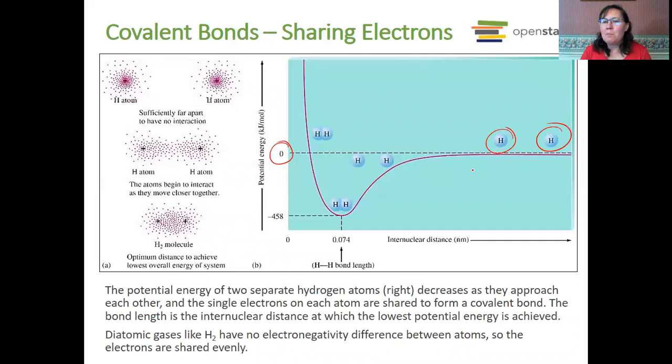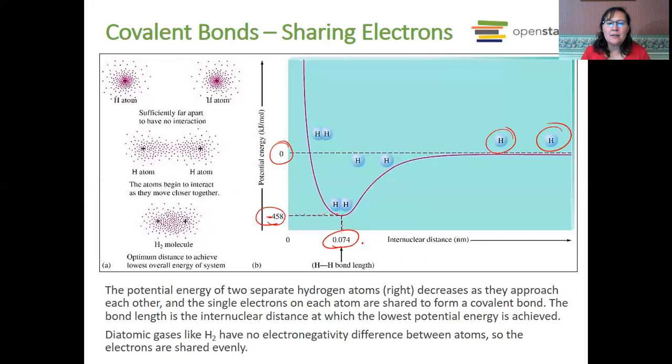Now, a molecule or a bond is likely to form at our lowest possible energy level. So you can see here, we have our lowest potential energy as negative 458 kilojoules per mole when you have a bond length of 0.074. Okay, and that's an internuclear distance in nanometers.